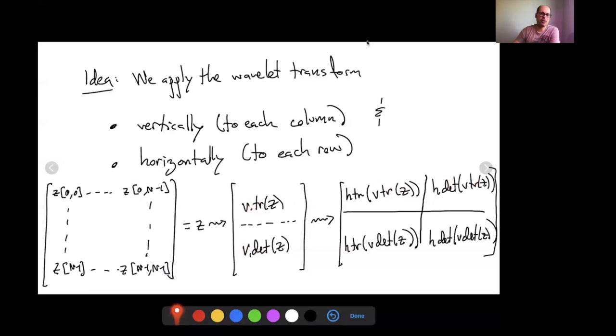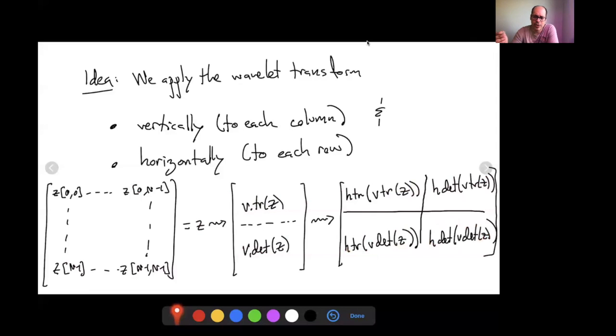So the two-dimensional transform takes our matrix and gives back a matrix which now has four parts to it: the horizontal trend of the vertical trend, the horizontal detail of the vertical trend, the horizontal trend of the vertical detail, and the horizontal detail of the vertical detail. A little bit of a tongue twister.